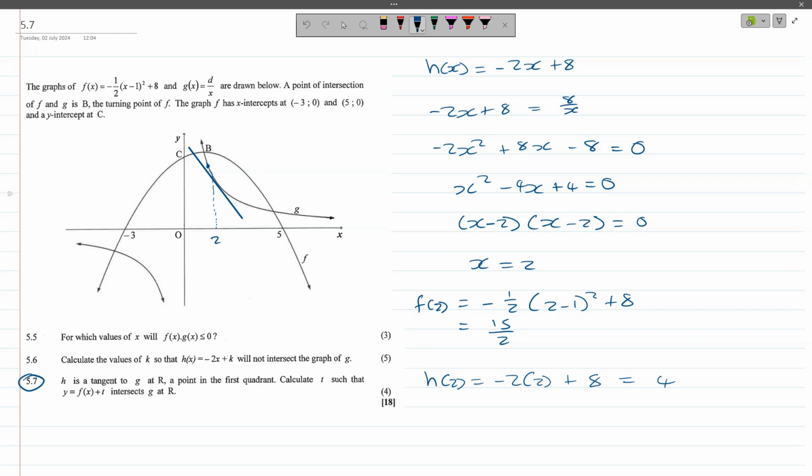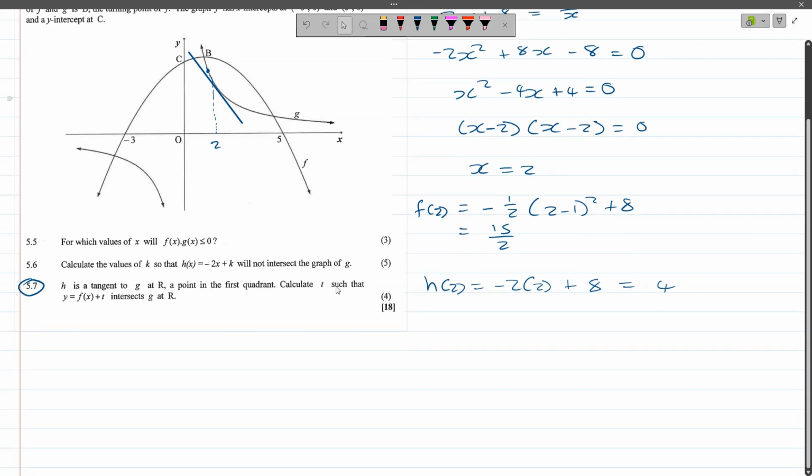So to get from 15 over 2 to 4, we are going to write the new function as y is equal to f of x plus t. So we want y to be 4, where f is currently 15 over 2 plus t.